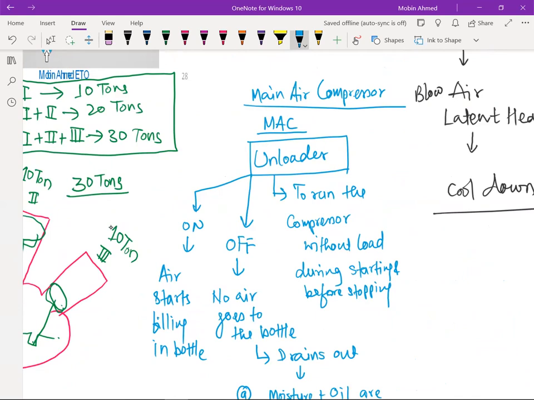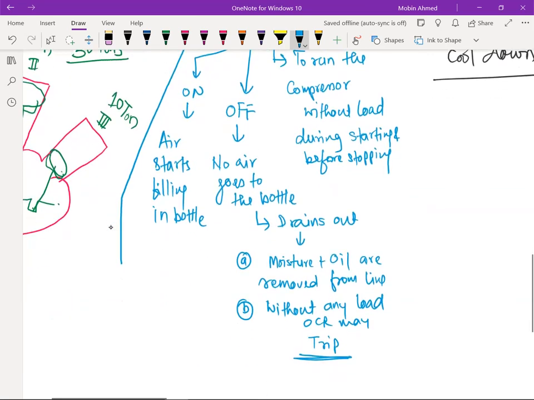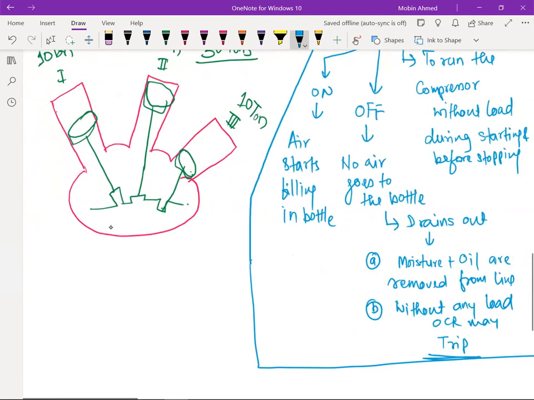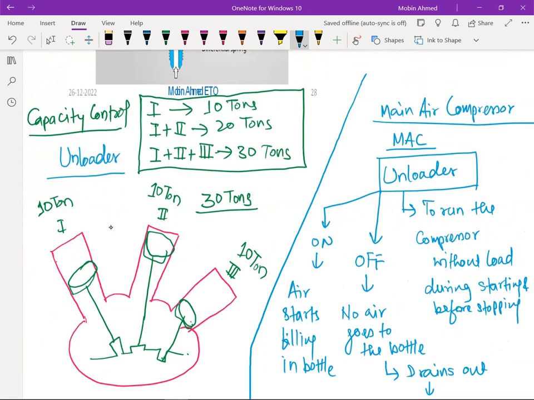That is what I was saying here. There is an entirely different role for each unloader. This unloader is different, and this unloader does a different role. That is what I told you here. This is about the main air compressor. There is no link between that and this unloader. This unloader does the capacity control. That's it. It is not going to remove anything.